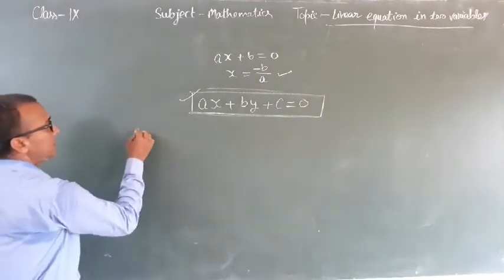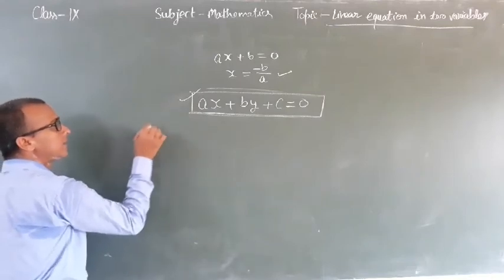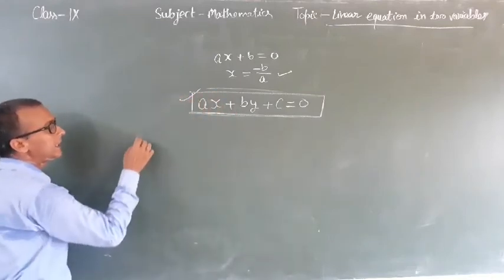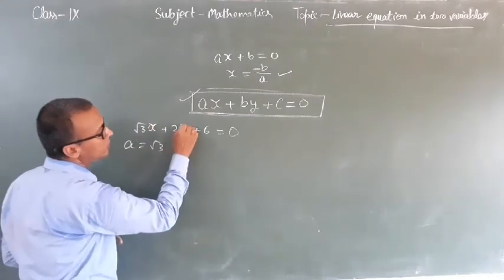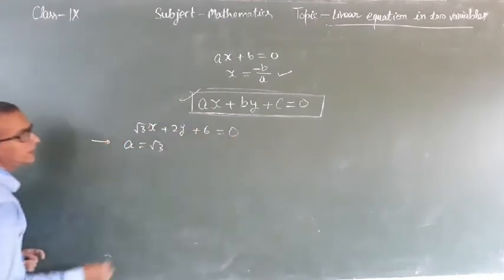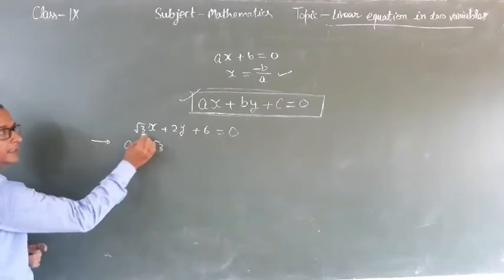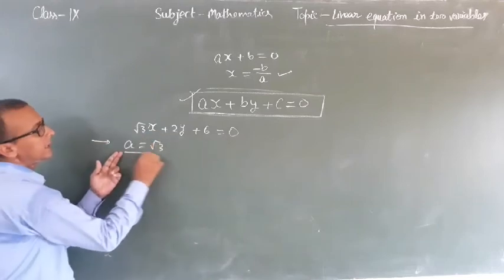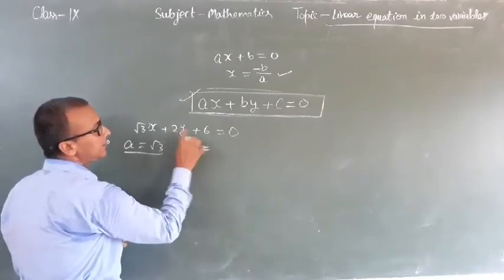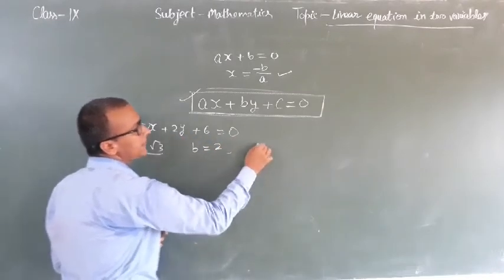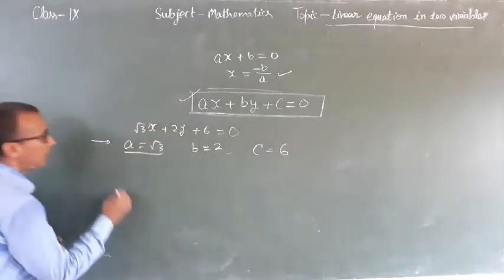Let us discuss what the values of a, b and c are in these examples. Root 3x plus 2y plus 6 is equal to 0. Here the coefficient of x is root 3, so the value of a is root 3, the value of b is equal to 2 and the value of c is equal to 6.